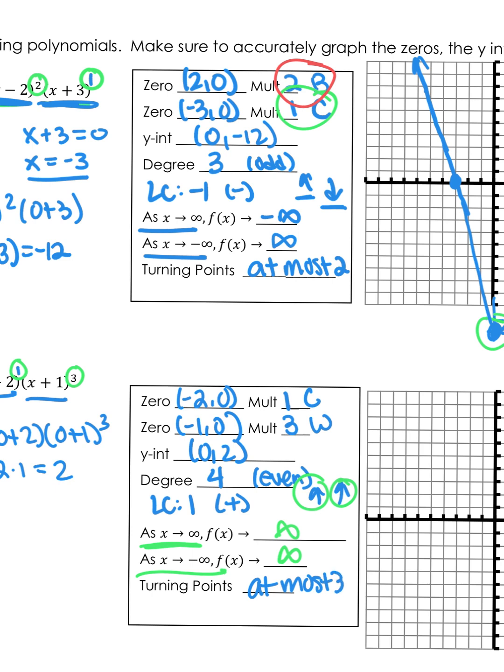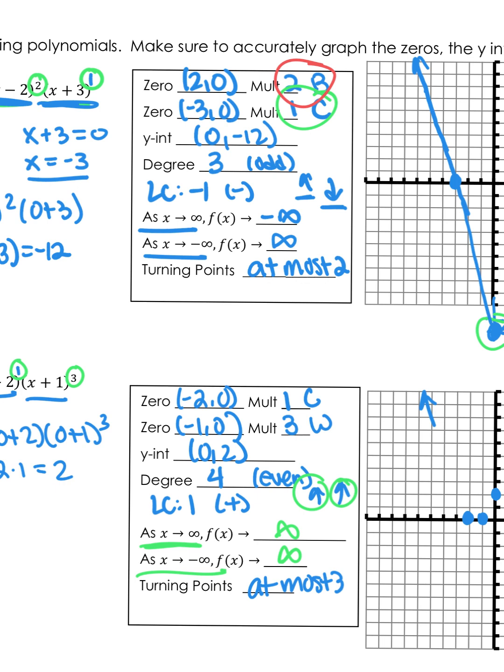So we'll start with our arrows. And then we'll put our zeros on here. And our y-intercept. And then we'll connect the dots.